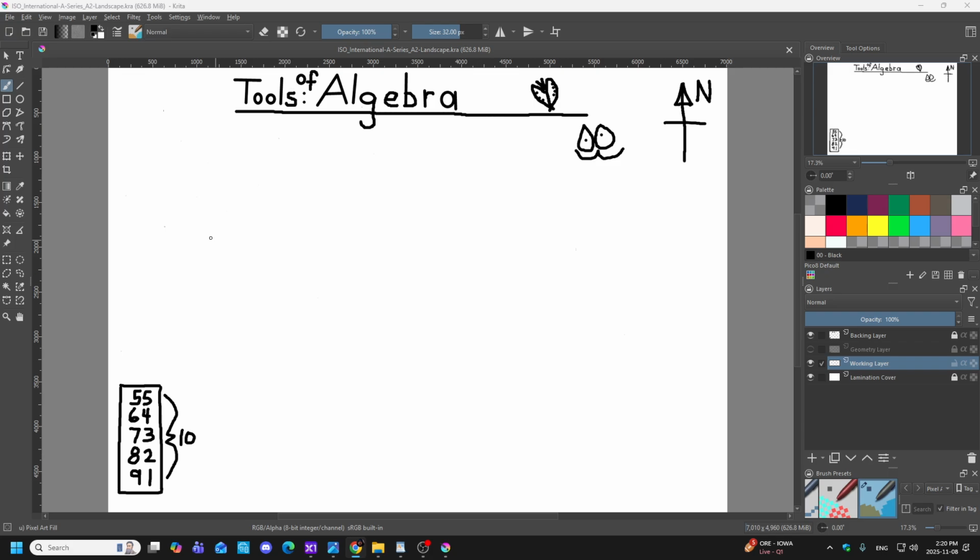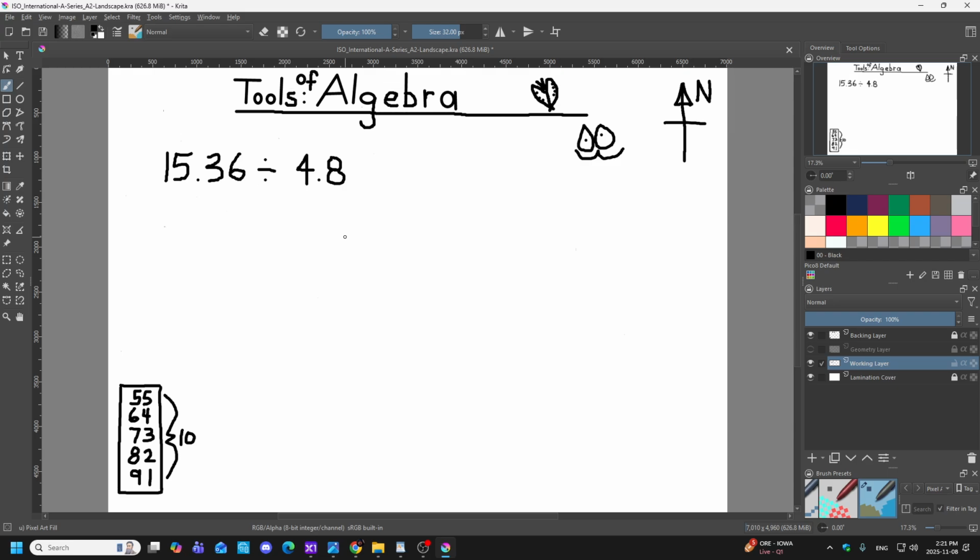Let us work this problem. 15.36 divided by 4.8. To solve this, we are going to do long division.